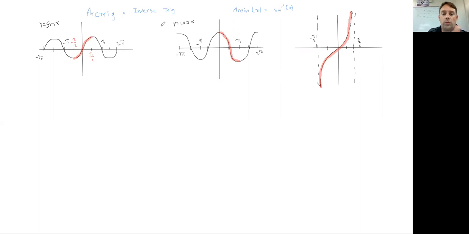So when we were looking at our functions, when we're dealing with arcsin, we came back to the unit circle. And by the way, this is also the same thing as arc cosecant as well.